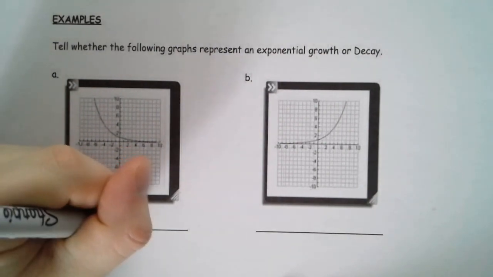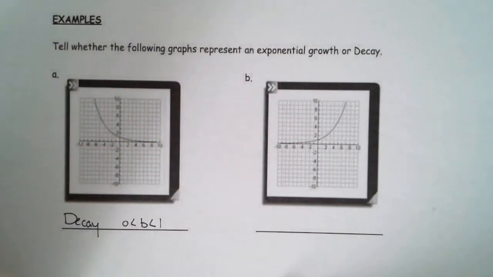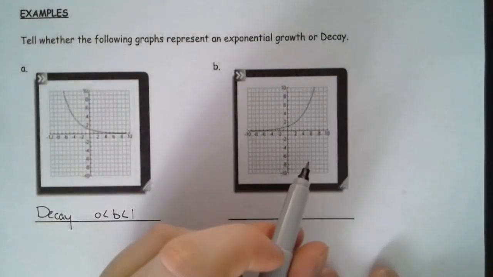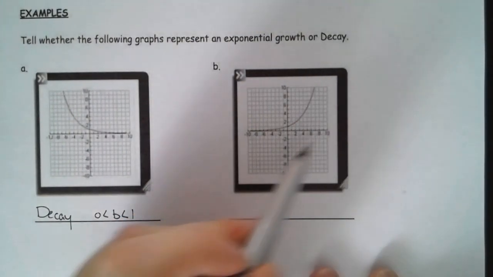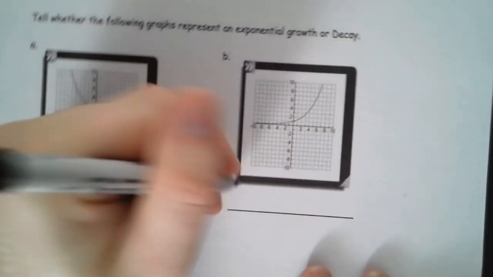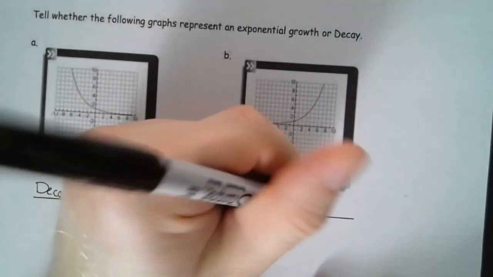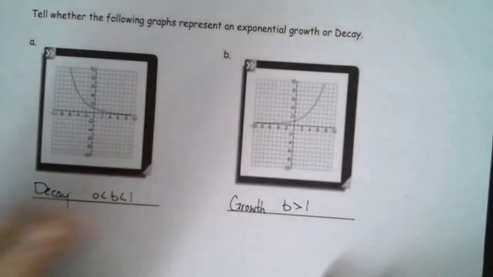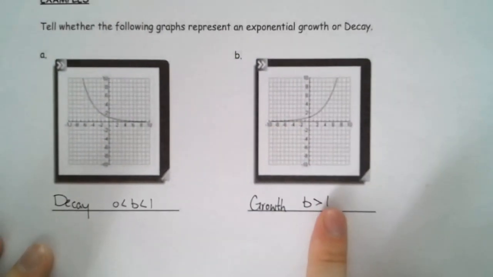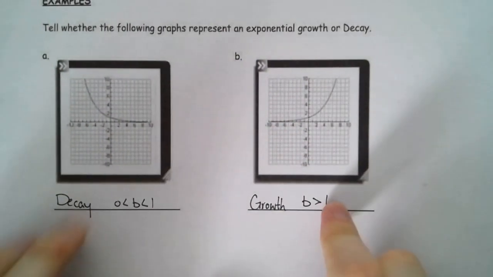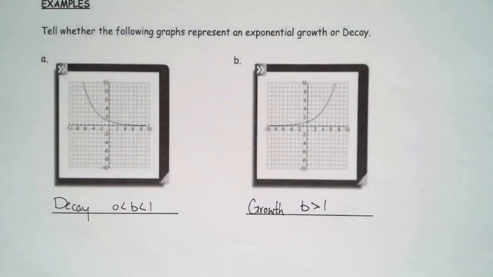We have a b value that has to be between 0 and 1. Over here, as we plug in larger and larger x values, it grows rapidly. This is growth. Meaning our b value must be greater than 1, right? So we should be able to tell graphically if we have growth or decay.